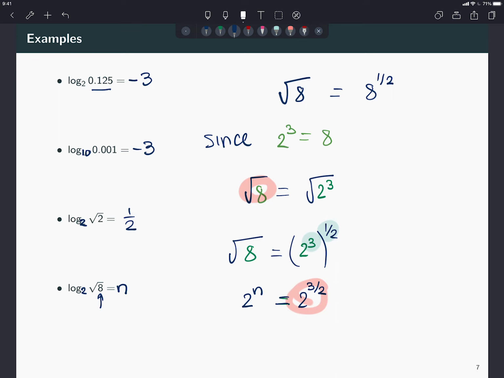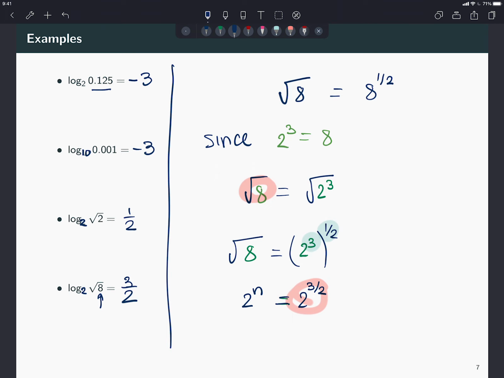The n is 3/2. So that's a little bit more complicated, but just using the properties of exponents and the definition of logs that we gave at the beginning, it comes all in handy.